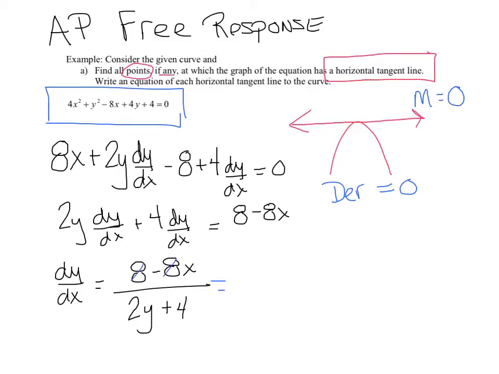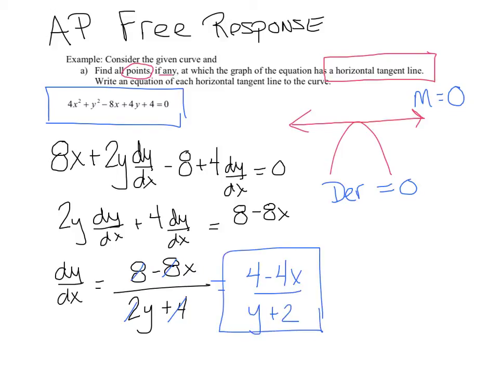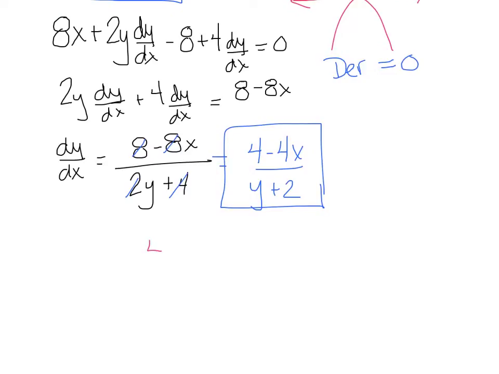I can divide every single one of those numbers by 2. I'm going to say 4 minus 4x all over y plus 2. And there is my derivative. Now, we said a horizontal tangent line meant set your derivative equal to 0. So I'm going to say 4 minus 4x all over y plus 2 equals 0.